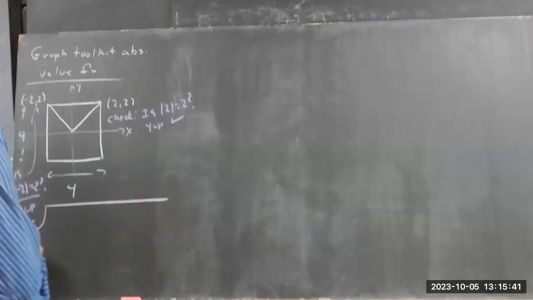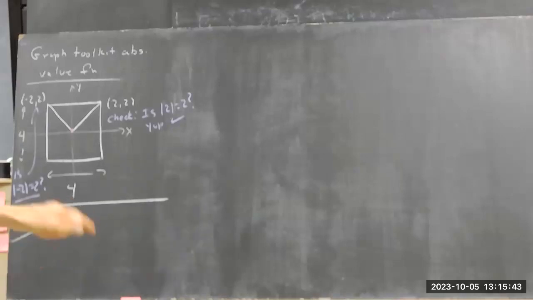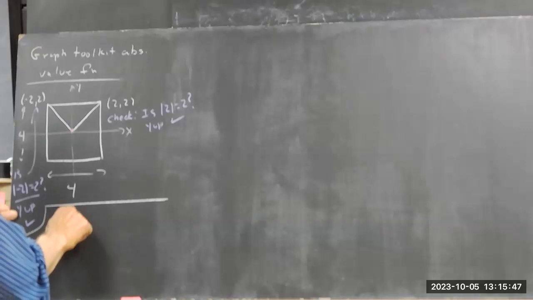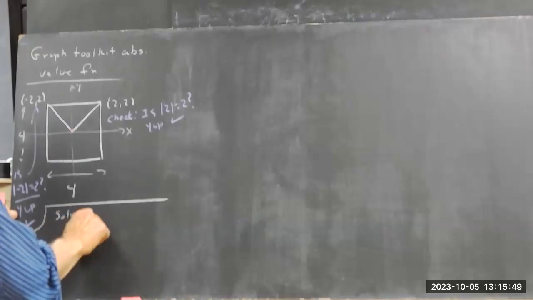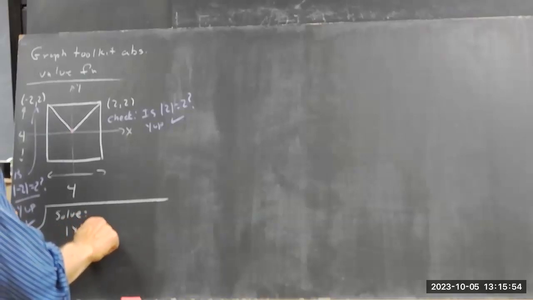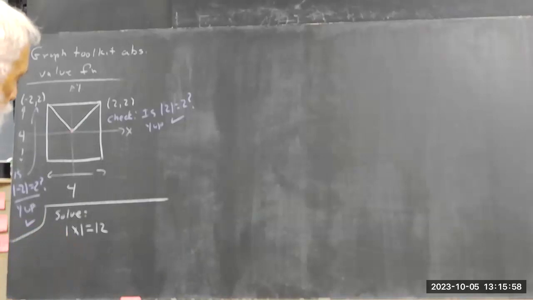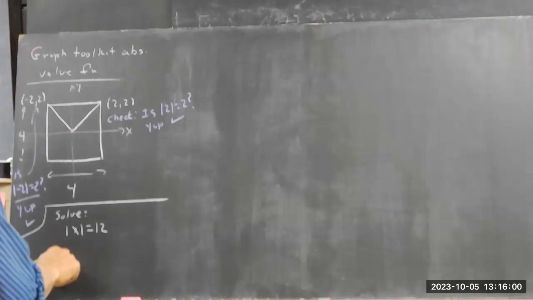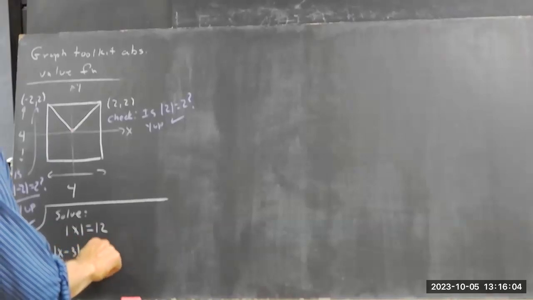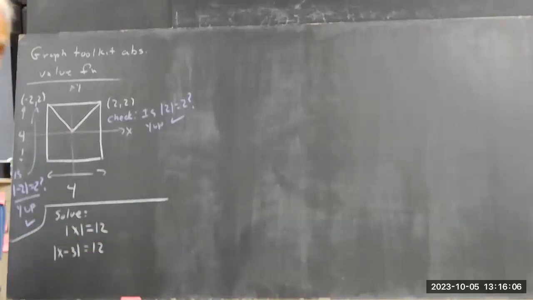I'm going to go a different route, and then we'll pull this route together with this route. Solve these equations. Absolute value of x equals 12. And the absolute value of x minus 3 equals 12.